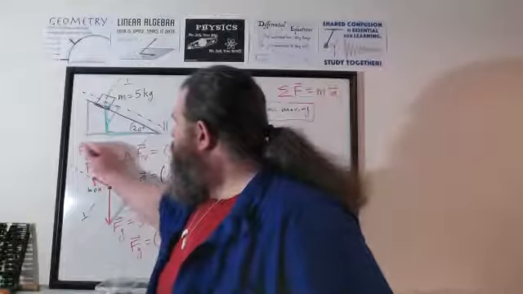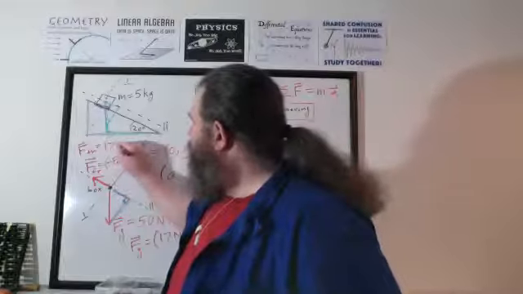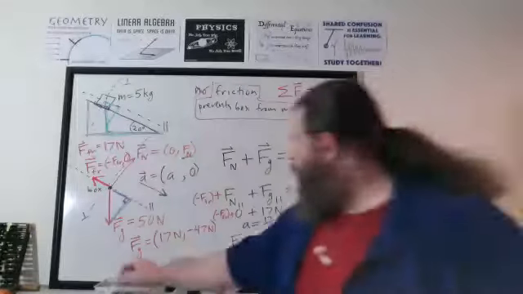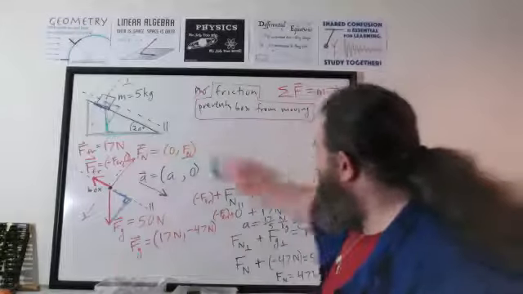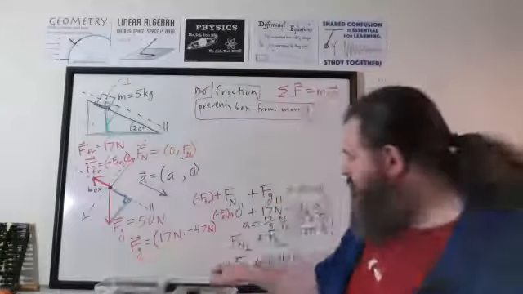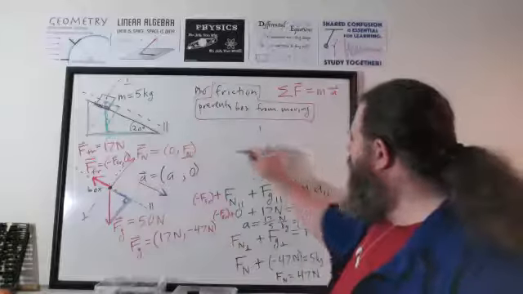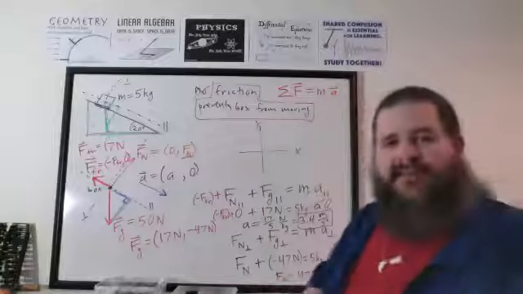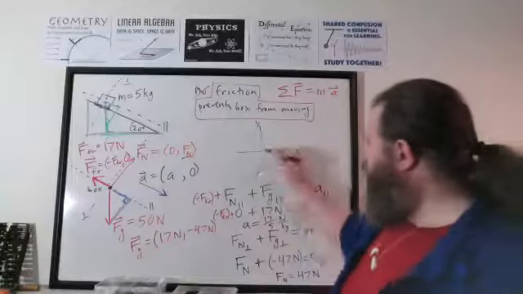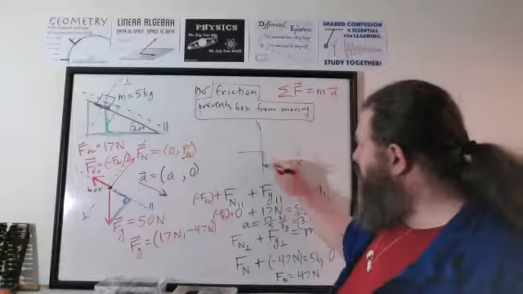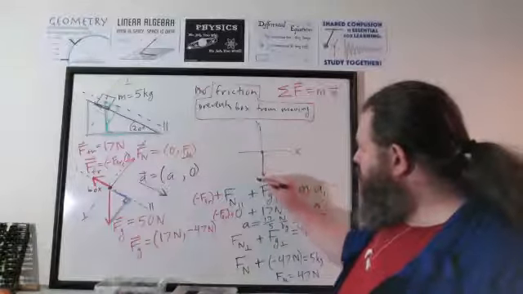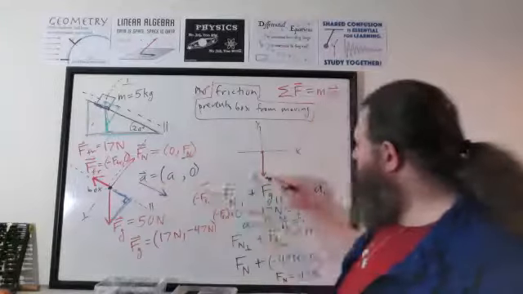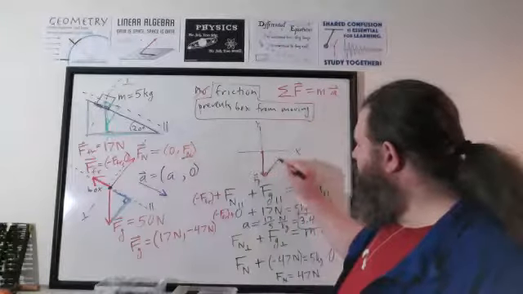Can you explain one more time why it doesn't add up to 0? They do add up to 0. Specifically, the vectors add up to 0. Remember, forces are not scalars. So if you wanted to visualize the sum of these forces, let's say we have this XY coordinate plane. If we add these up as vectors, we've got force of gravity straight down 50 newtons, plus the normal force this way 47 newtons.